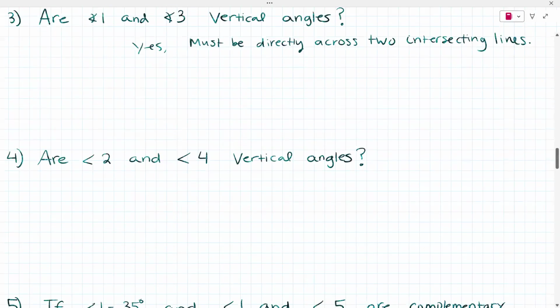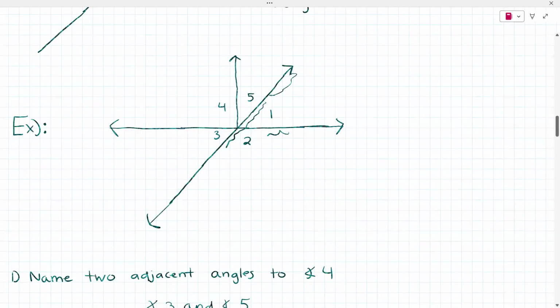What about number 4? Are angle 2 and angle 4 vertical angles? Just looking at it, no, because they don't make that crisscross. Most importantly, angle 2 is opposite from the other two angles. So they're asking whether angles 2 and 4 are vertical angles.